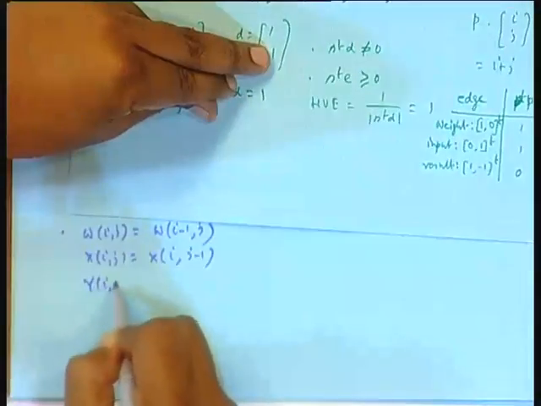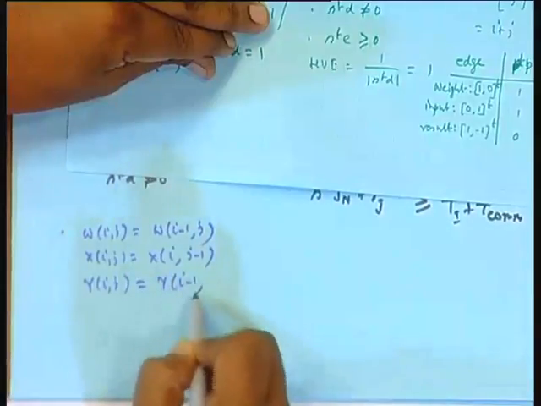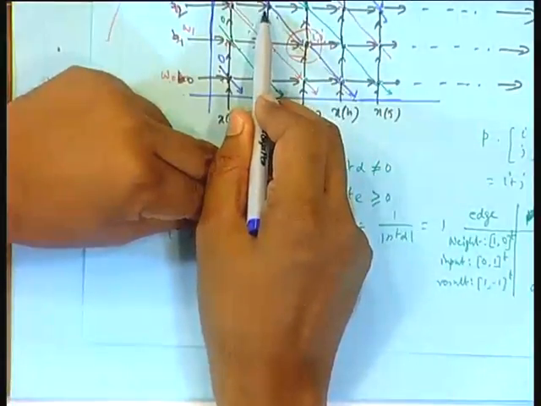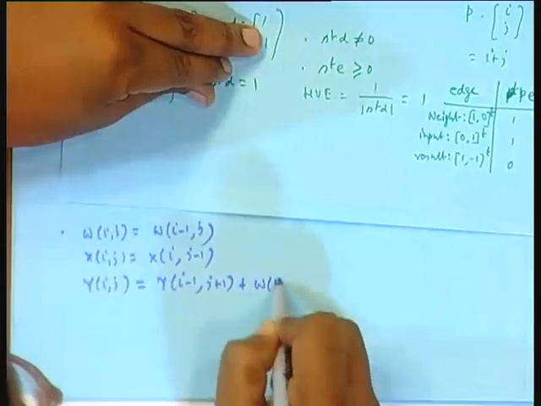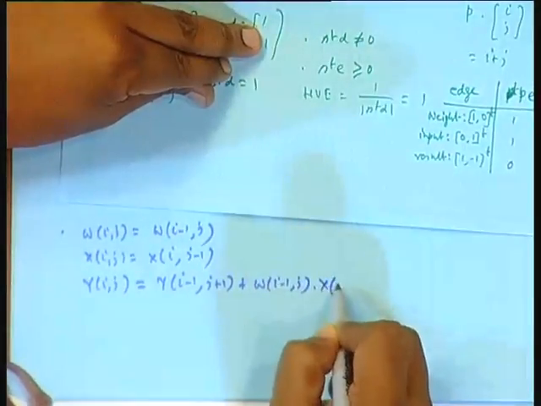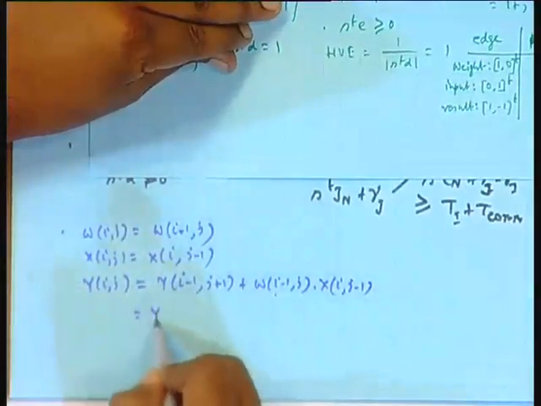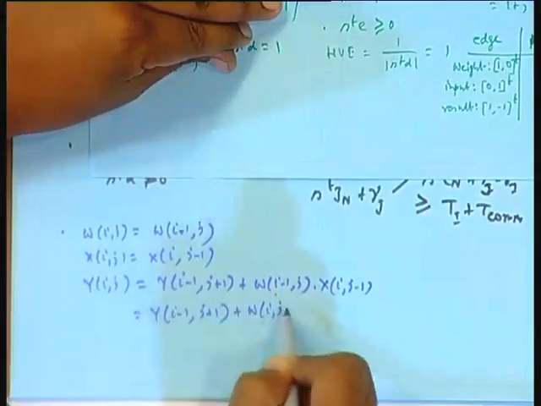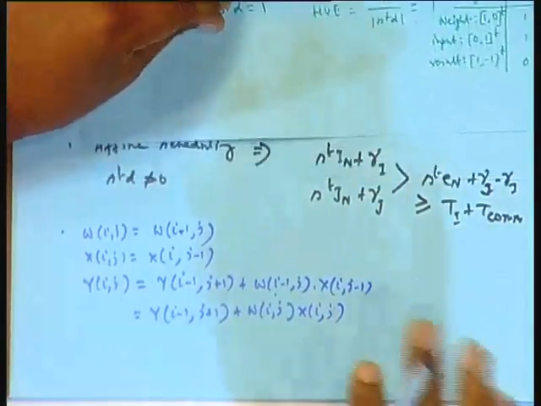And y of i comma j was y of i minus 1 comma j plus 1, plus W of i minus 1 comma j times x of i comma j minus 1. But I know this is equal to this, so I put that back here. So, these three equations.